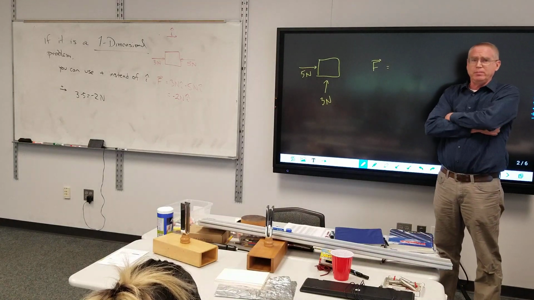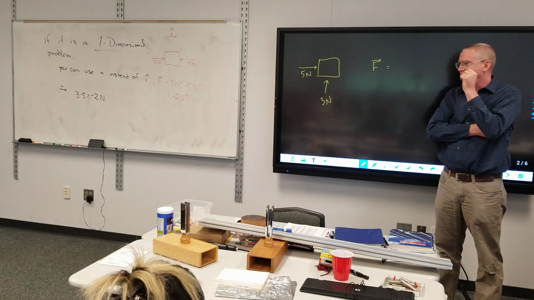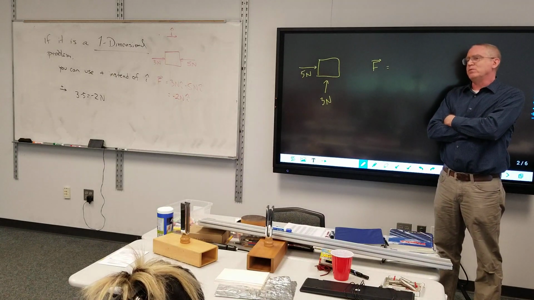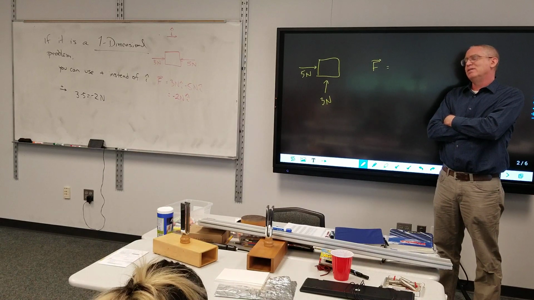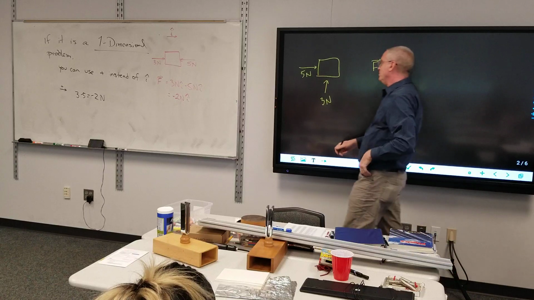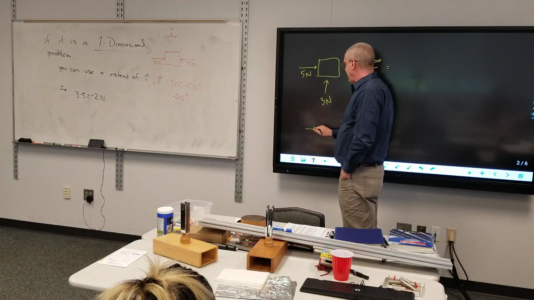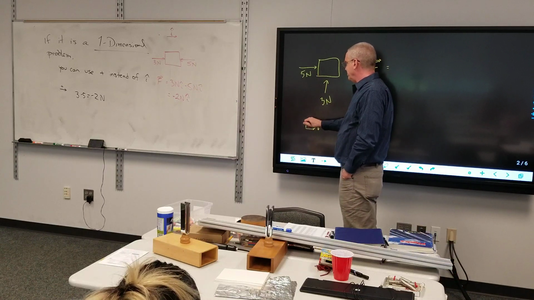It's a two-dimensional problem. You need 2 symbols. What would you suggest? One symbol representing up and the other one representing right. Okay, so I'm going to pick I hat to the right and j hat up.